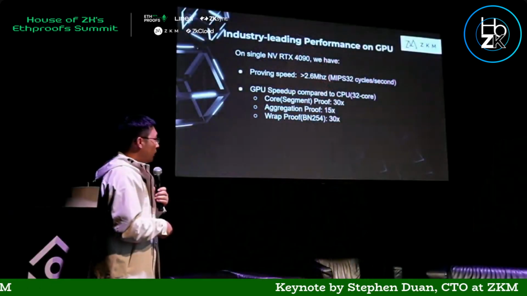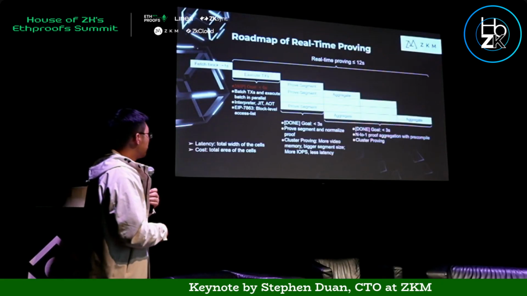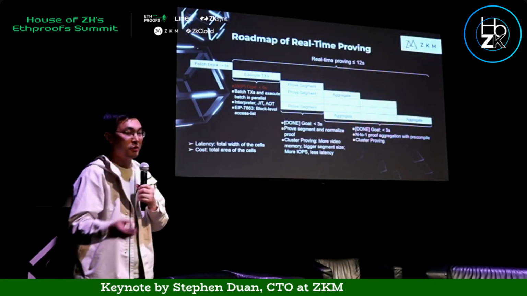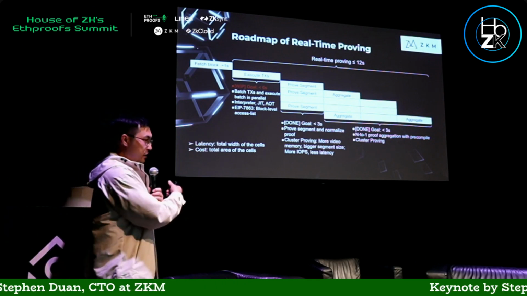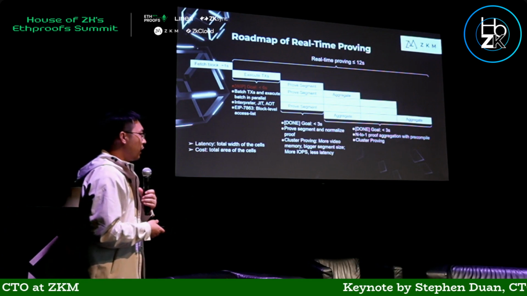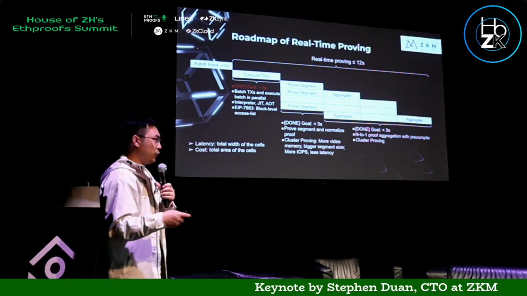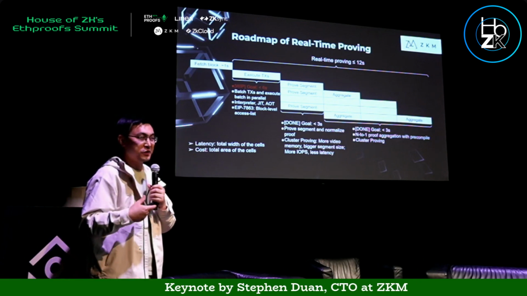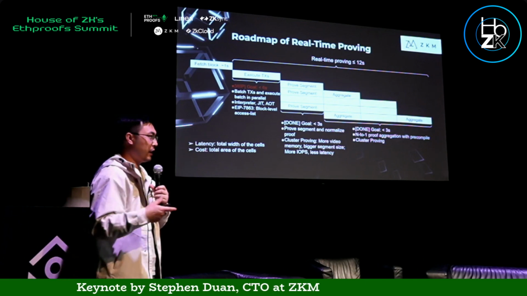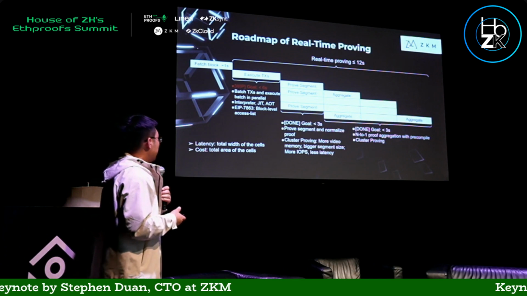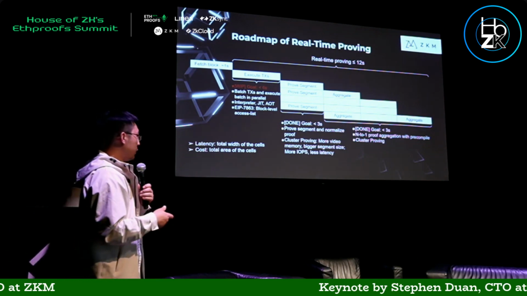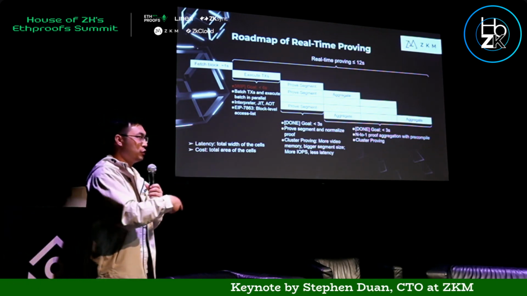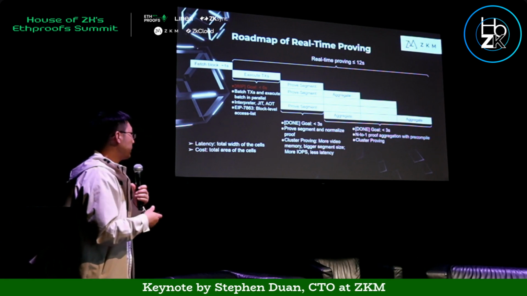Okay, so now we have everything we want to implement real-time proving on Ethereum, on the ETHProofs, or at least we can do this for our use case like the GOAT Network. But the architecture would be similar no matter which use case we are doing real-time proving for.